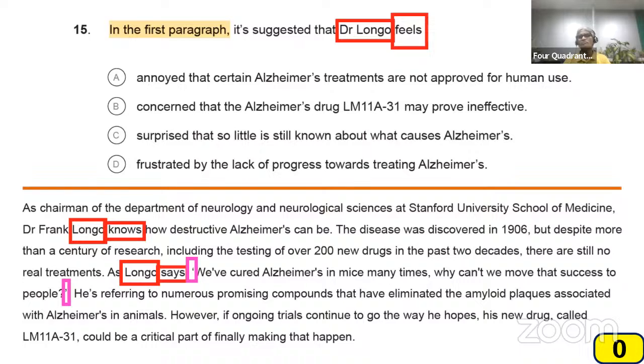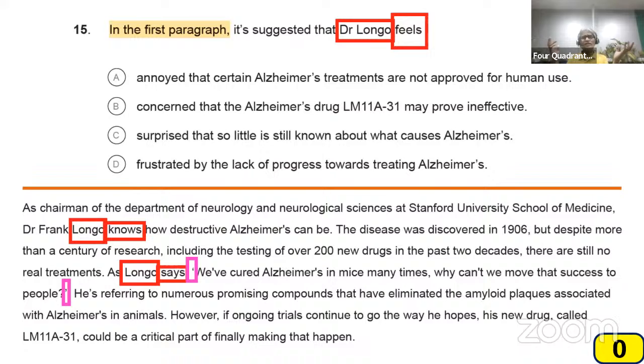Perfect cure, 100% cured Alzheimer's in mice. Till then, it is fine. He is happy. He is expressing his happiness that we have cured Alzheimer's in mice many times. He's expressing his happiness in this part of the sentence.